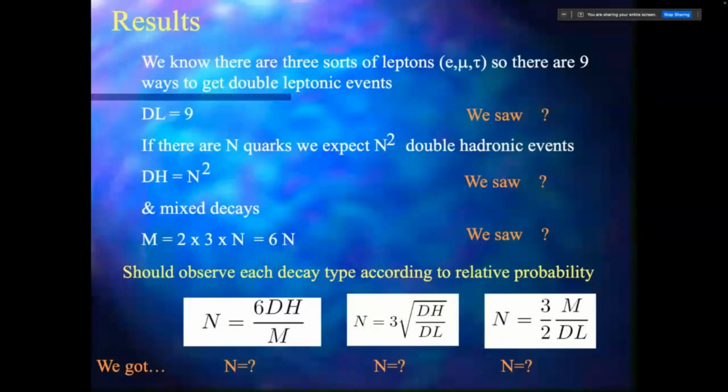And then lastly, we can do 3/2 times the number of mixed events divided by the number of double leptonic events, which is 4. And apparently we get 3. Did I do that right? Mixed is 8.